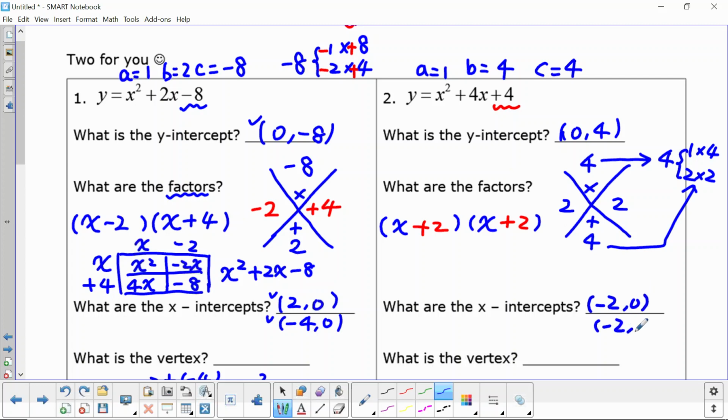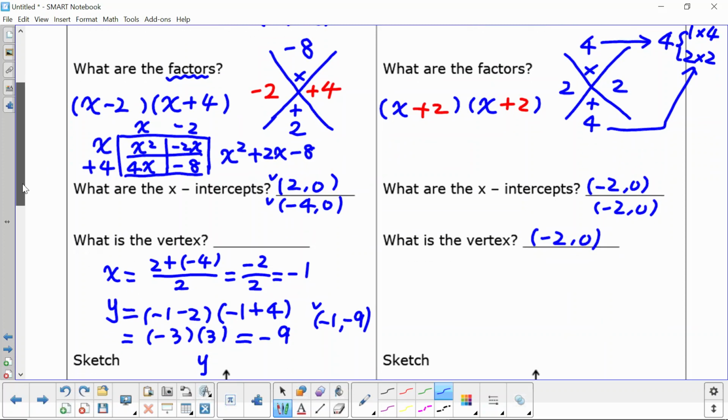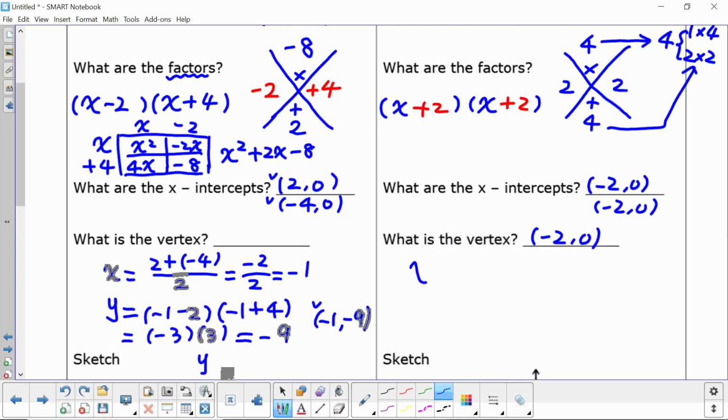And what's the vertex? It will be the same, negative 2, 0, because x equals negative 2 plus negative 2 divided by 2, which still gives you negative 2. Then you substitute and it will give you 0.